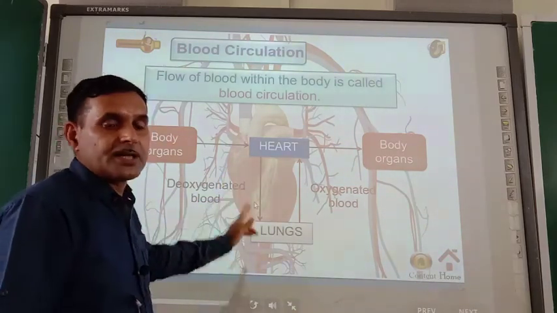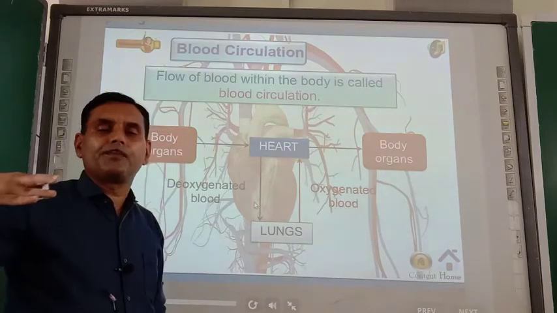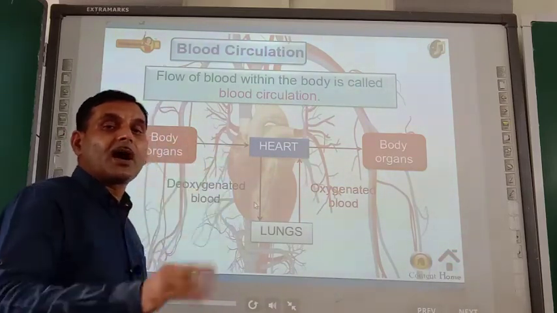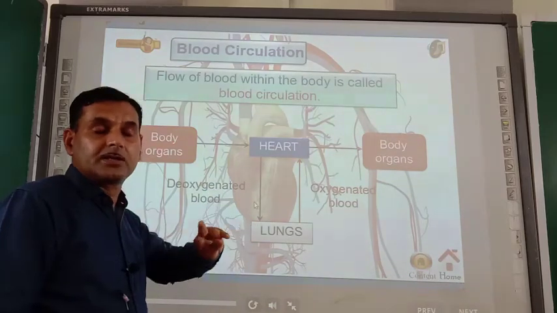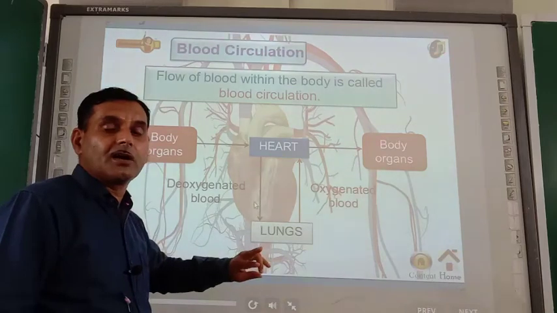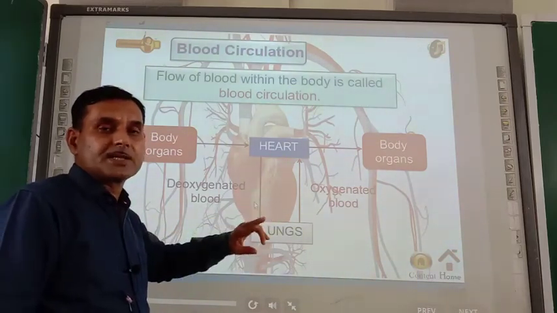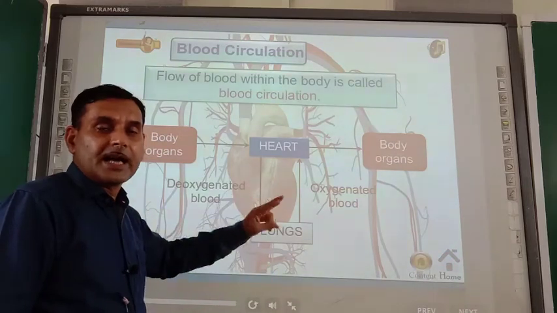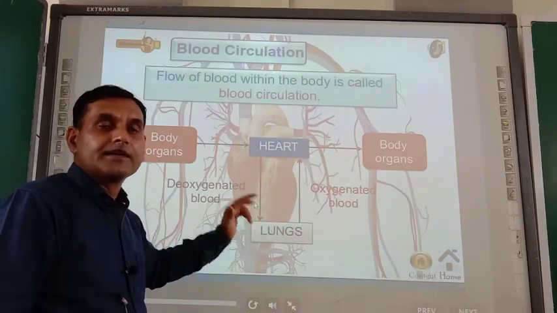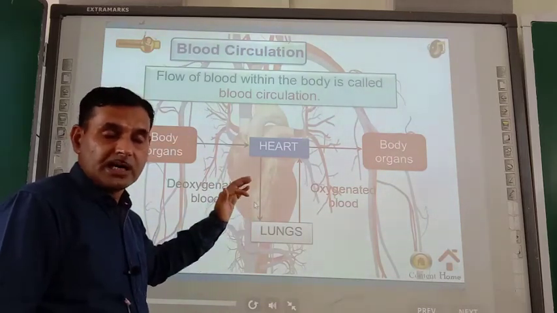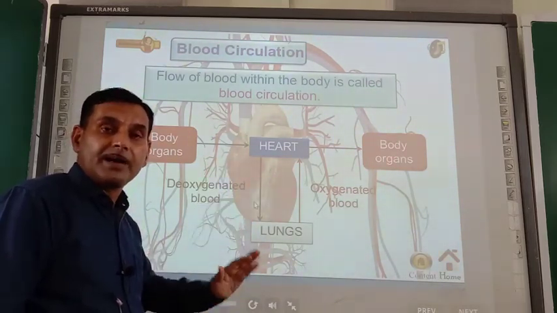just now you have seen that there is a septum which divides the different chambers of the heart. In the tricuspid valve, bicuspid valve. Have you seen or not? The bicuspid valve is present between the left atrium and left ventricle. The tricuspid valve is present between the right auricle and right ventricle.